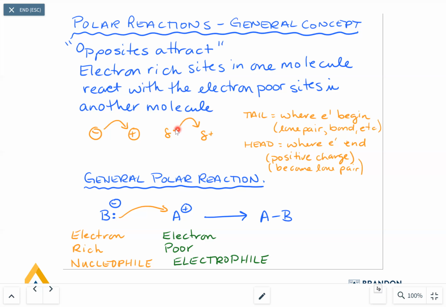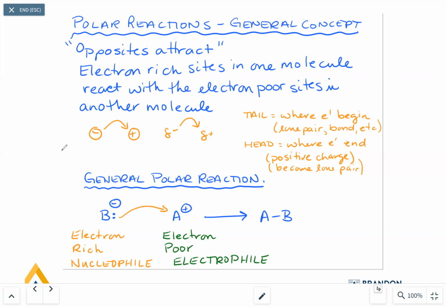So what we're going to see is that pi electrons can be at the tail, and even in certain cases, sigma electrons.